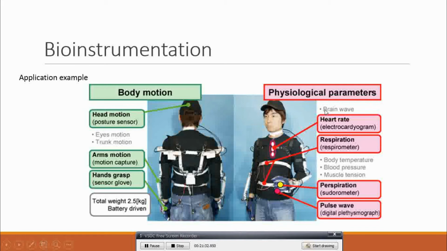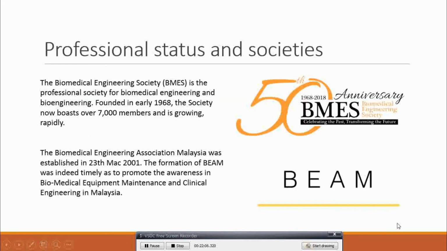So you will be able to get the brain wave, body temperature, blood pressure, muscle tension, and a perspiration monitoring system, so how much a person perspired during the test, and then pulse wave, digital plethysmography. So you'll be able to tell the pulse reading, the oxygen, and so on. So that's another good example of bioinstrumentation, right?